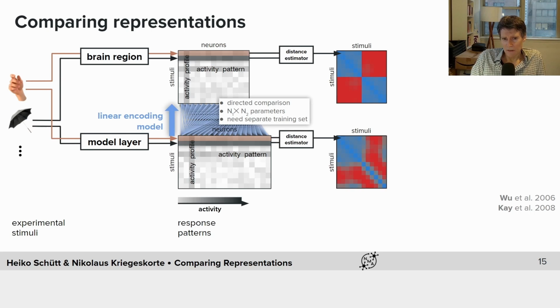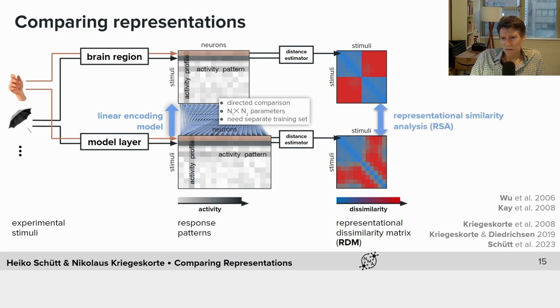We can do the same thing for the other representation, and we get another square matrix indexed vertically and horizontally by the stimuli. And now the colors here encode no longer the activity, but the dissimilarity or the distance. We use the term dissimilarity as a more general concept that includes distance estimators that are not themselves distances.